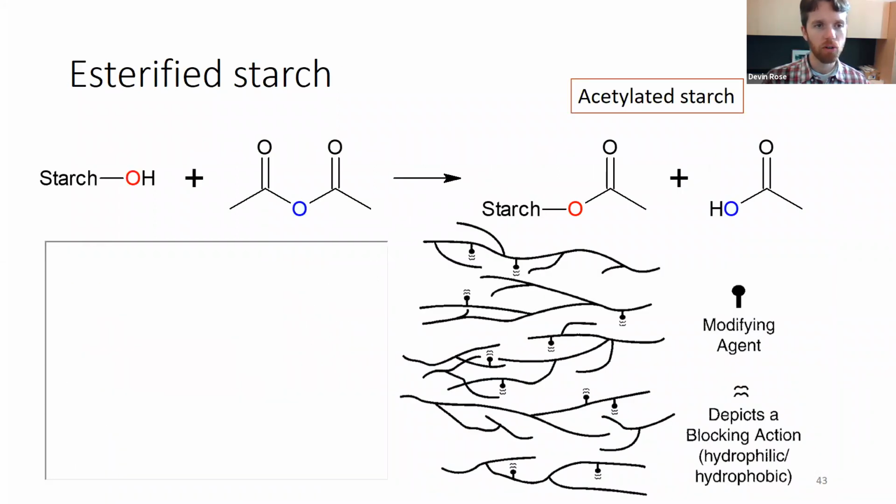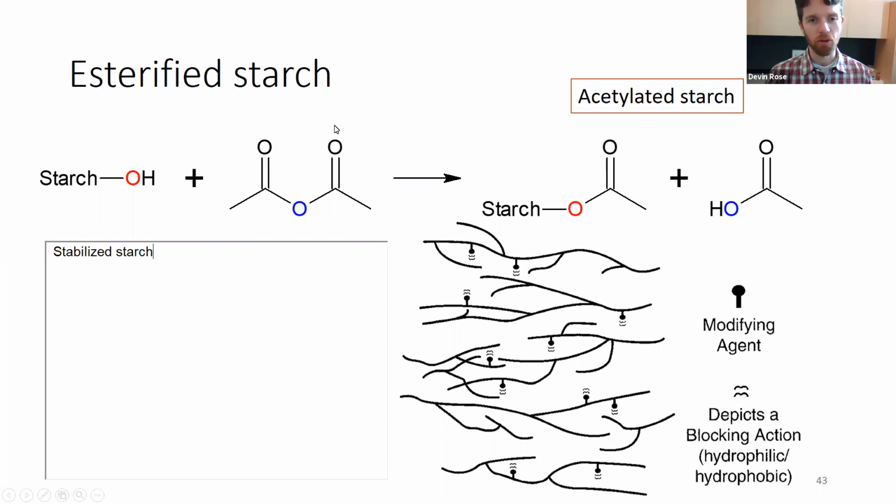Okay, so let's go to esterified starch, which is commonly called stabilized starch. And I think that's on a previous slide, but I can write it here. So we take starch and we react it with this compound, which is acetic anhydride.